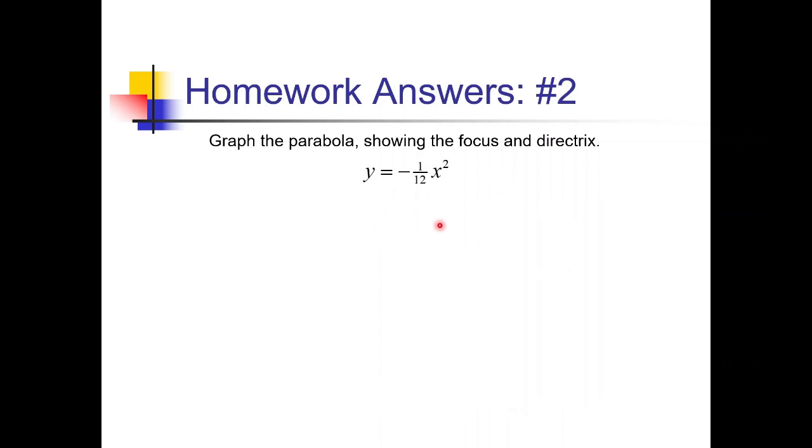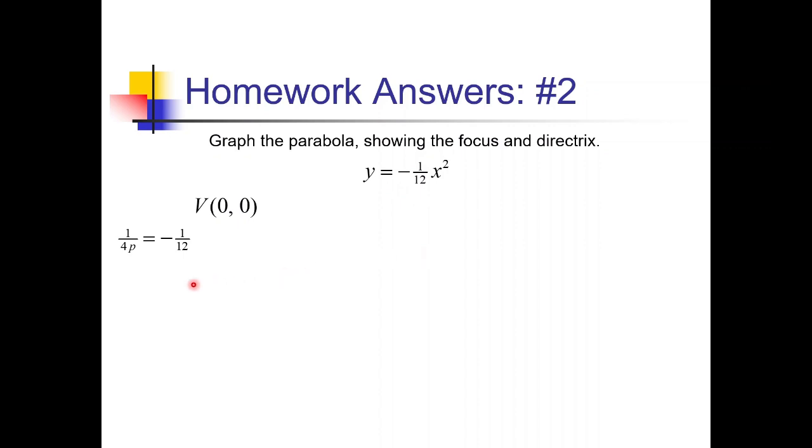To graph this next parabola here, let me get my vertex. We have an invisible x minus 0 and also an invisible plus 0, so our vertex is 0, 0. And for the p-value, I'm going to set 1 over 4p equal to negative 1 over 12, the a value there.